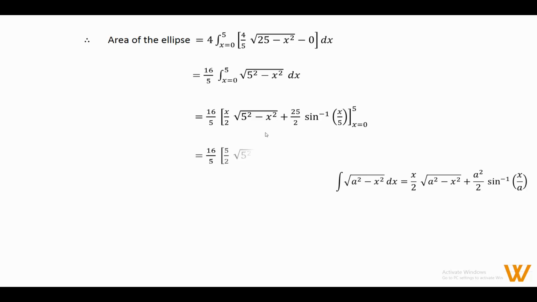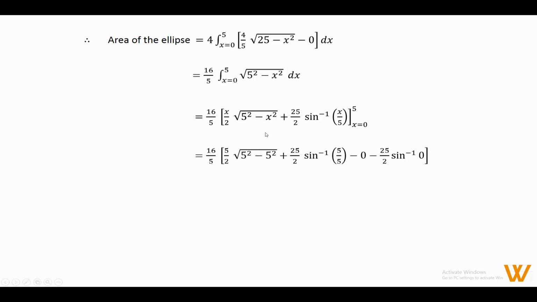Now first put the upper limit, the value of x is 5, so 16/5, with x equal to 5: 5 upon 2 square root of 5 squared minus 5 squared plus 25/2 sin inverse 5 upon 5, minus the value at the lower limit x equal to 0: 0 minus 25/2 sin inverse 0.